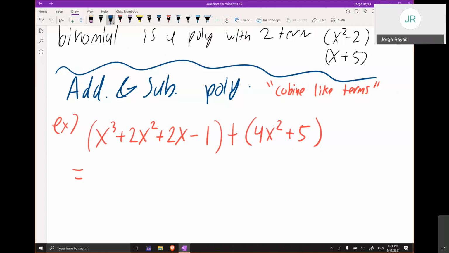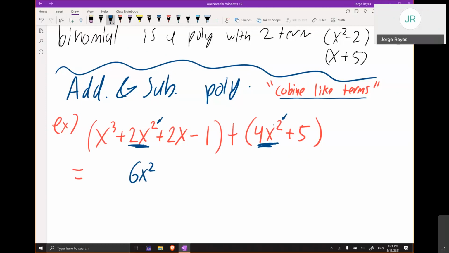Well, I combine like terms. So what are like terms? Like terms are terms with the same power of x, okay? So here I have a 2x squared and a 4x squared. Those are like terms. Okay, so then I just add the coefficients. So I get 2 plus 4, 6.